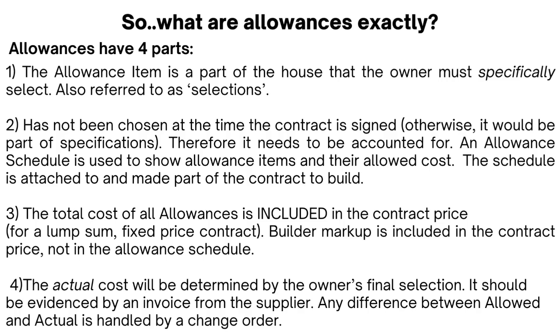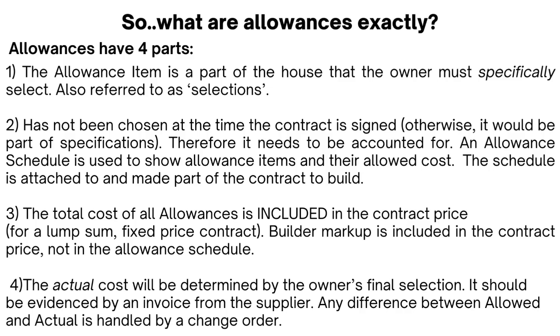The second part of that is that it is not the materials and labor that are part of the installation of the allowance item. And this is where it gets really tricky with builders. The distinction is this: the allowance item also has to be installed, and there's all this material and labor that is required to install that allowance item, to install that pendant light or that bathtub.